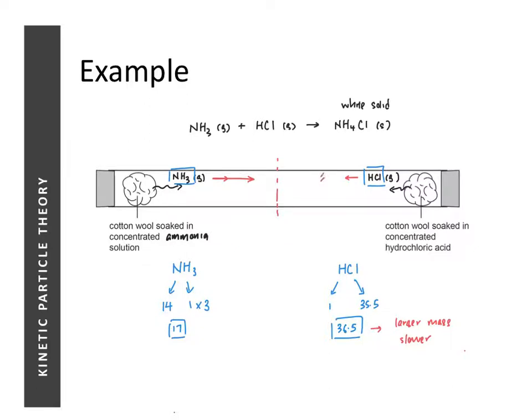So the white solid will form nearer to your cotton wool that's soaked in hydrochloric acid. So again, if you were to perform this experiment in real life, that is what you will see. You will see a white ring that's formed closer to the cotton wool soaked in hydrochloric acid.